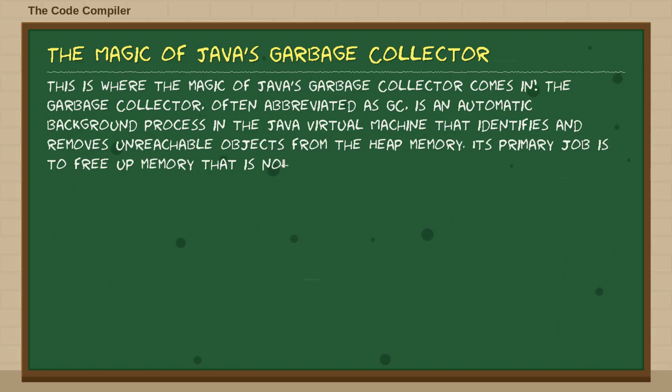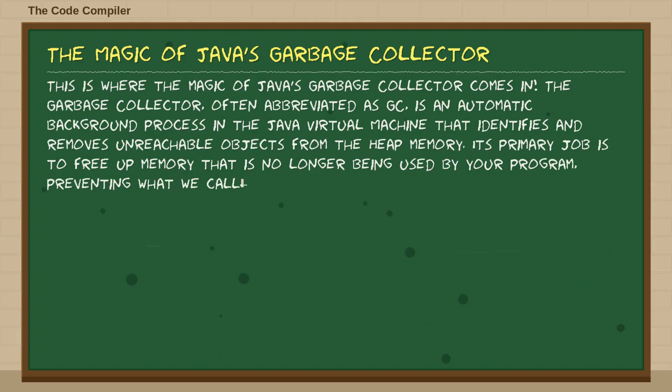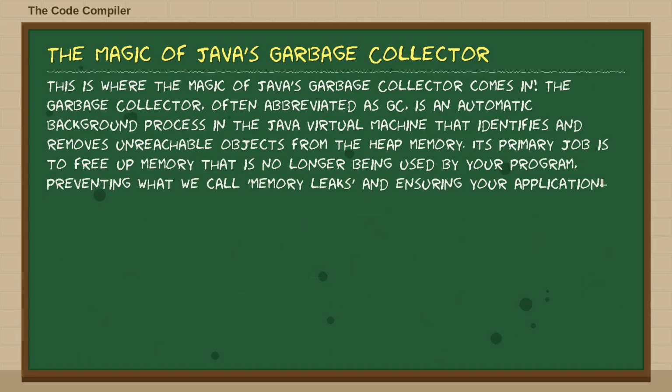Its primary job is to free up memory that is no longer being used by your program, preventing what we call memory leaks and ensuring your application runs smoothly. The best part: you, as the programmer, do not have to manually delete objects. Unlike languages where you might use free or delete, Java takes care of this for you.